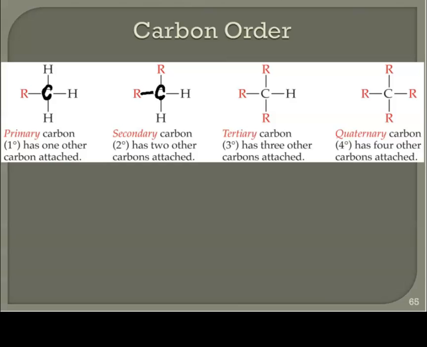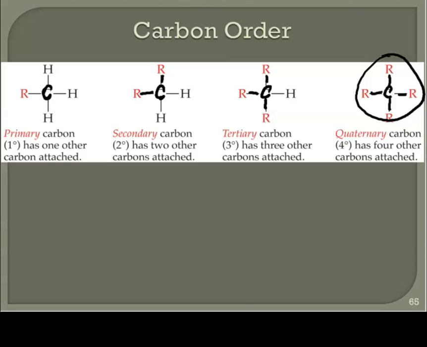A secondary carbon is attached to 2 other groups. This third carbon is attached to 3 other groups, so it's a tertiary carbon. And then finally there are quaternary carbons, where they're attached to 4 other groups. So this group on the far right is the highest order, the highest priority carbon.